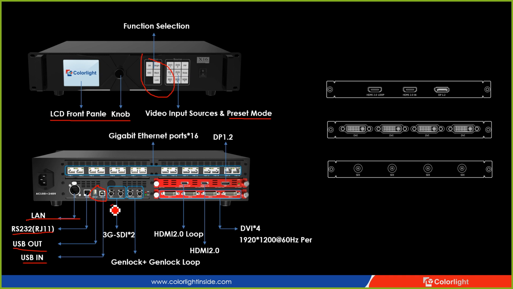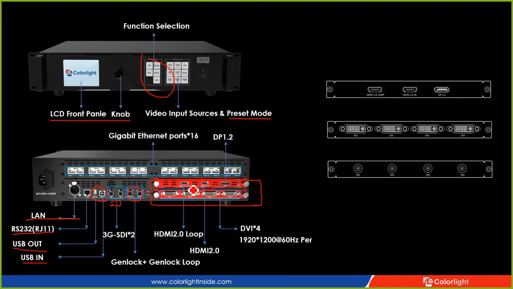And there are two SDI inputs. Here are the Genlock input and Genlock loop. Here are the inputs. Here we provide the HDMI 2.0 input and DP 1.2 on this board.